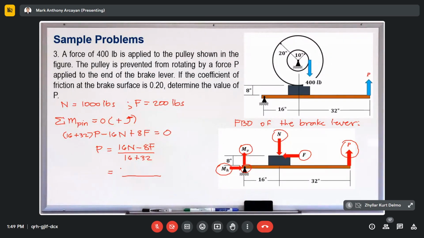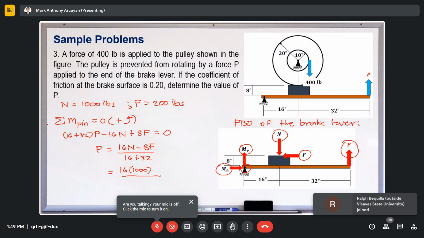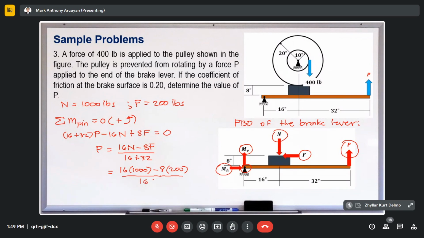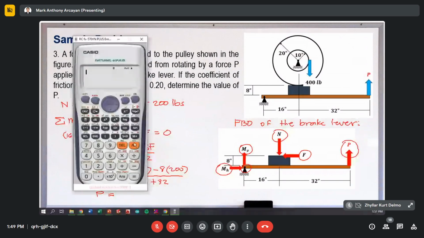I-substitute ang mga values. So 16 times 1,000. Then ato po i-substitute ang value sa atong frictional force. So minus 8 times 200 all over 16 plus 32. So pila man ang needed nga force P. Okay, so ato i-substitute.